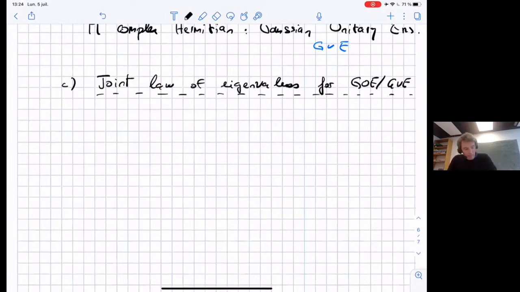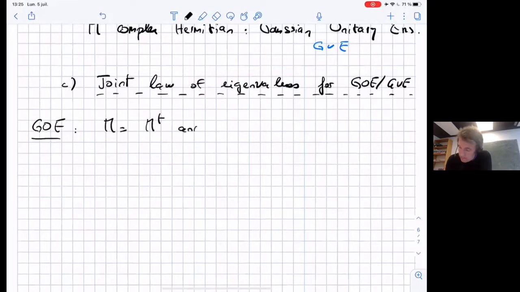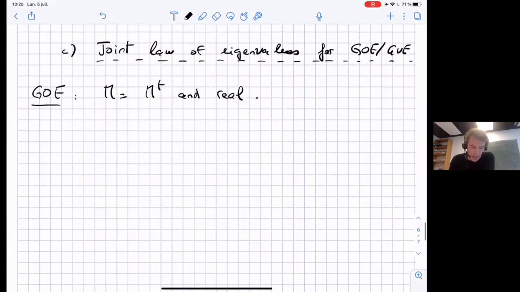So that's what we will do in the following. I will start again. I will focus here on the GOE. That means that I will look at M, which is equal to M transpose, and real. And of course, the idea is to go to the diagonal form.